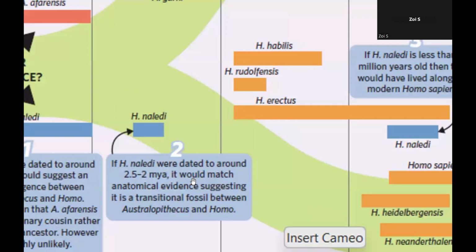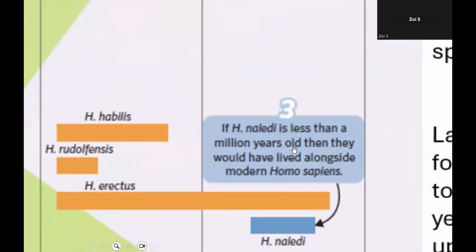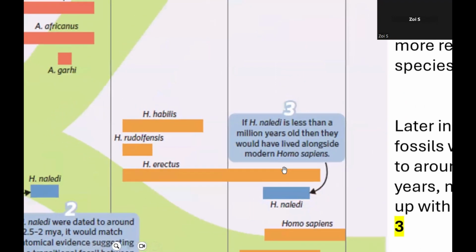But when we actually got the last piece of the puzzle, which is when we dated the fossil, we found that it was dated to only around 250,000 years ago, where it matched up with outcome three, where they were basically living alongside Homo sapiens as well.